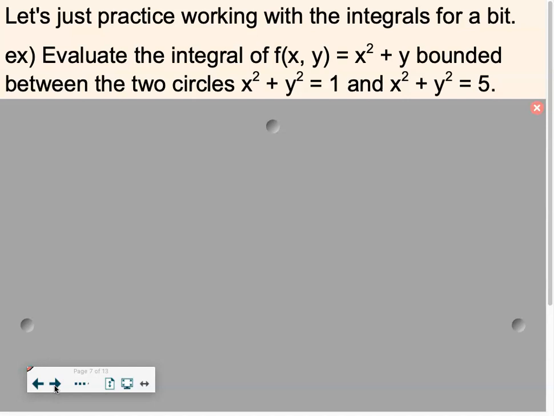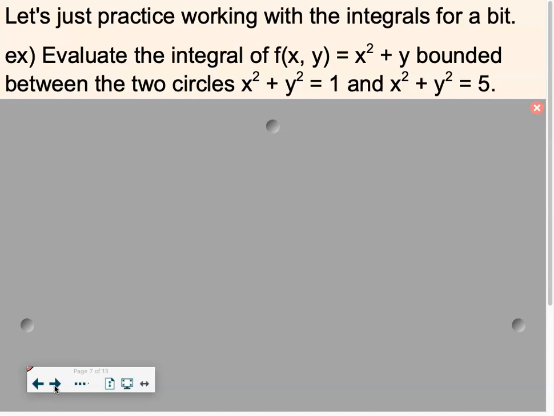So to do our base region, if we have this circle and this circle, so this is our base region. It's like a big donut. I know that this is r equals 1 and this is r equals root 5.